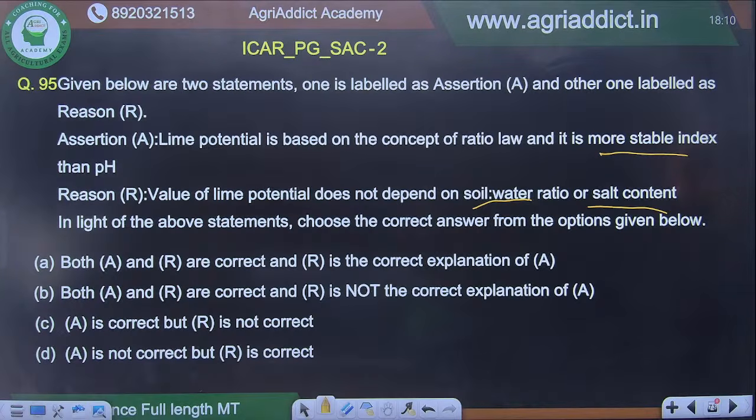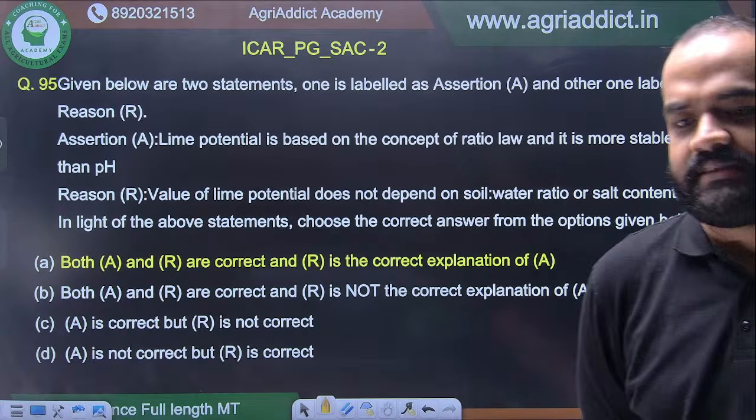You are telling C. Why are you telling C? Why would you tell C?